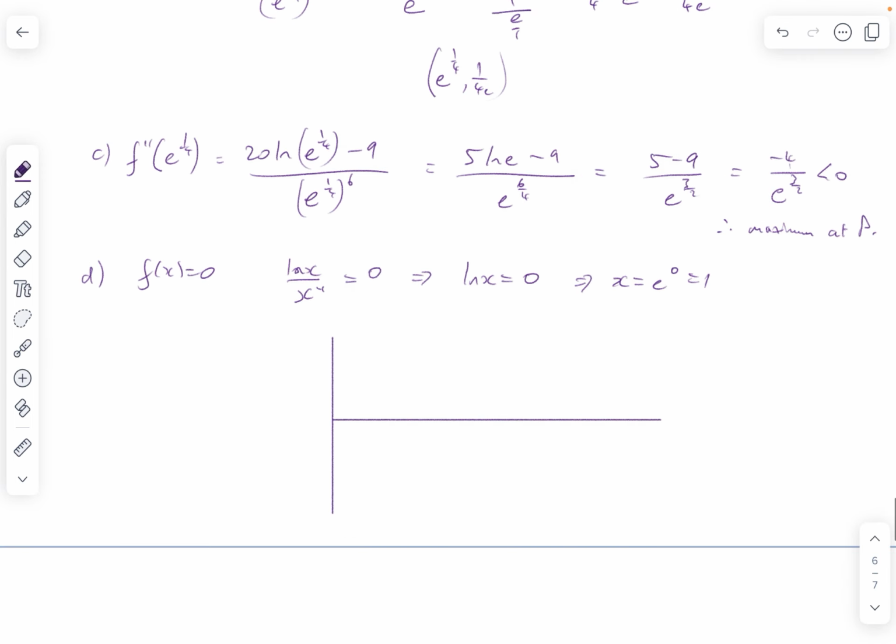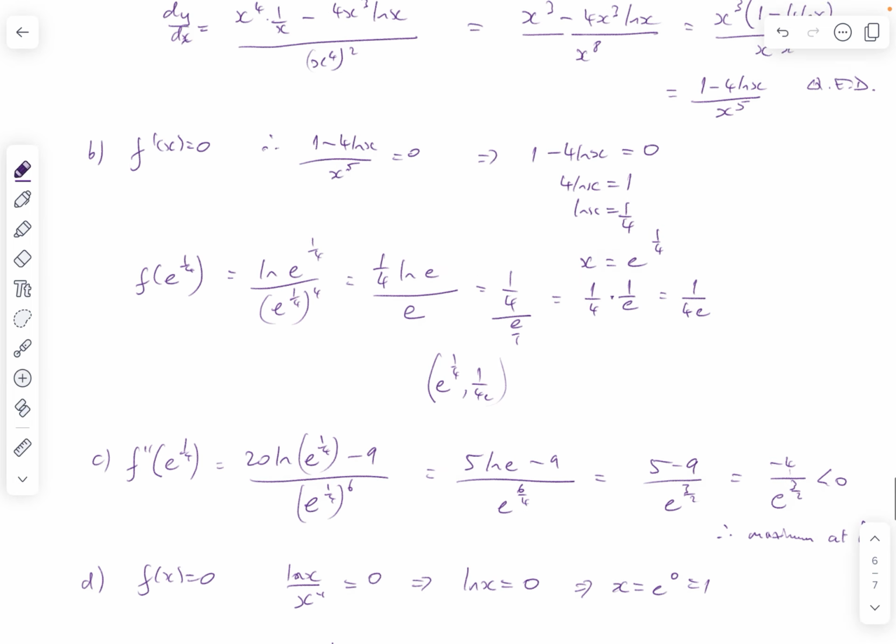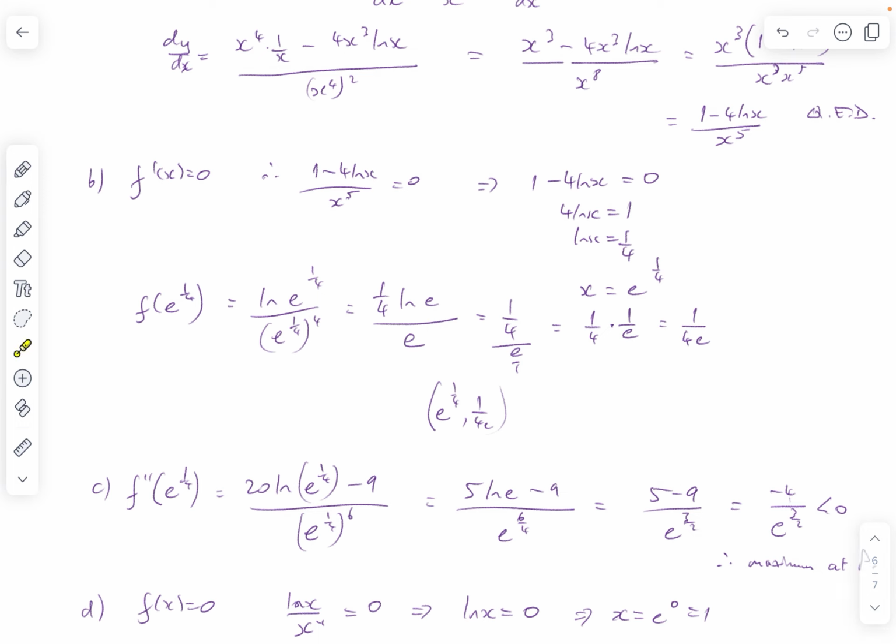That means it's way down here, tipping off the side. It comes across the x-axis at 1. And then we've got to get to a maximum. Our maximum was here when x equals e to the power a quarter, so that's the fourth root of e, which is probably somewhere between 1 and 2.